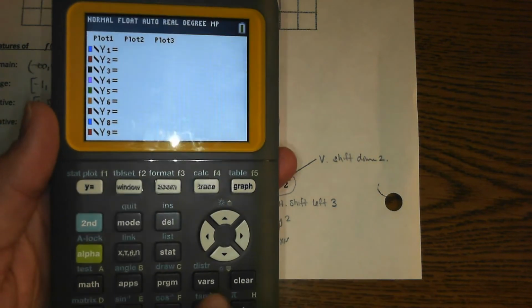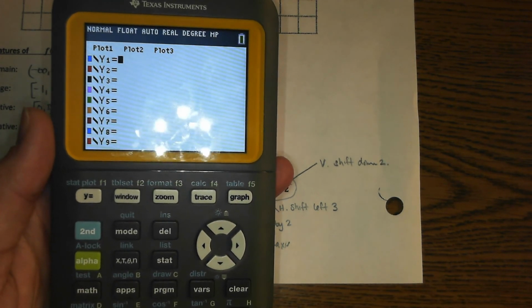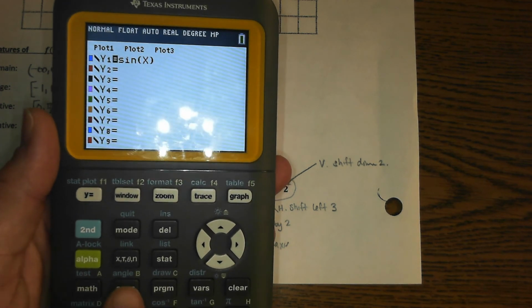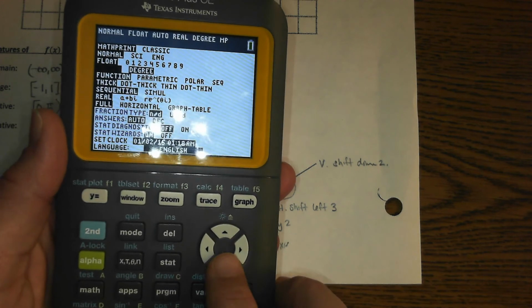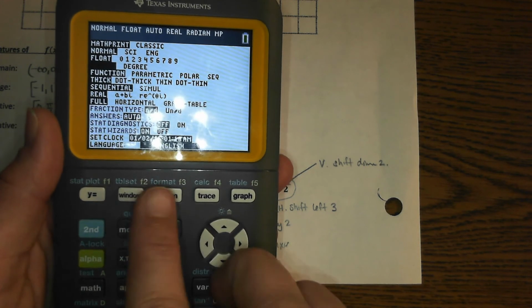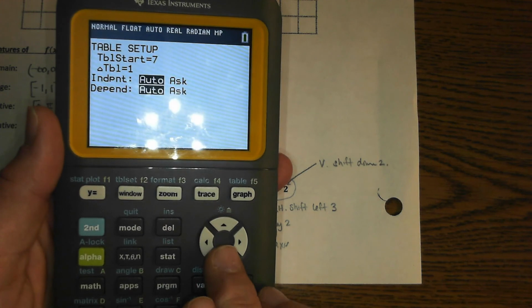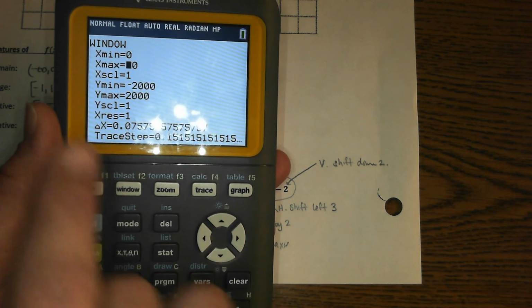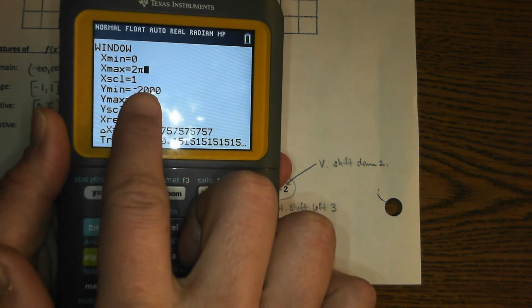Watch, but don't talk. If you are graphing trig on your calculator, sine of x, for example, you have to be in radians. So when you go to your mode, degree will not work. Has to be radians. What I also suggest is when you set up your window, you start at 0 and go to 2 pi on your x-axis. You can literally type in 2 pi.